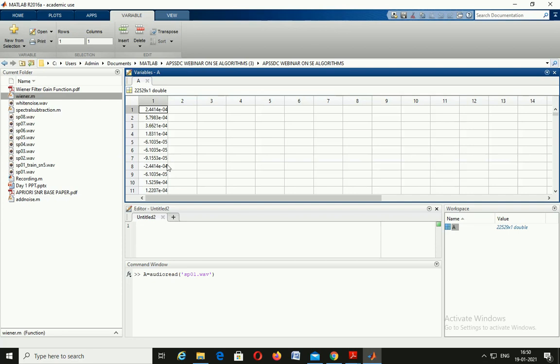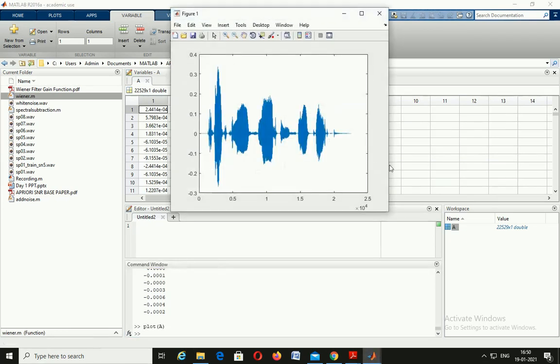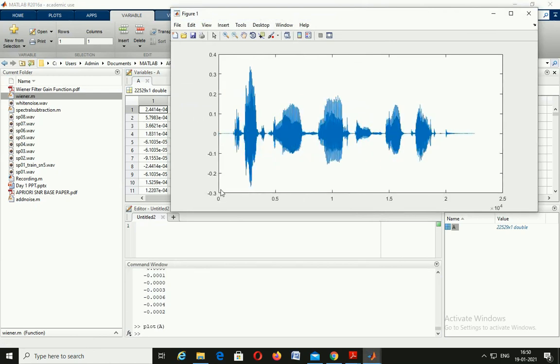The same thing we have seen after plotting the waveform here, right? So in the plot of A, we have seen the same thing. If you see the amplitude level at the very beginning, the first sample is a very small value, 0.000244. As we are moving here, at around 0 to 0.5, we have some minus 0.28 value here.